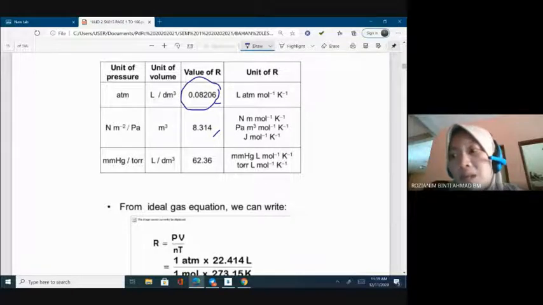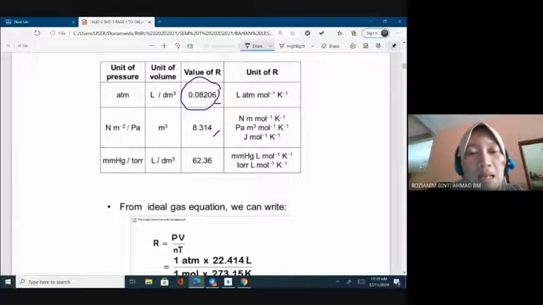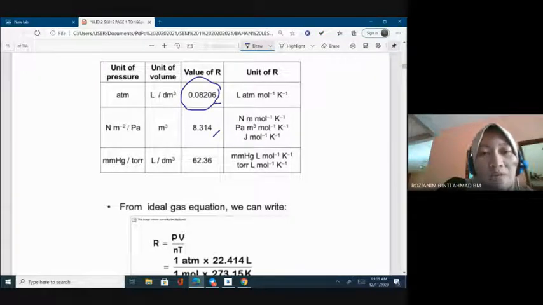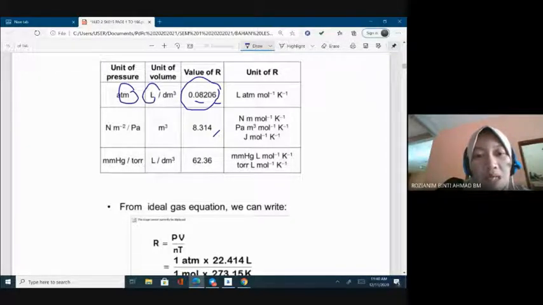0.08206. This is the one we use for our calculations, because if we use this value, the pressure must be in atm and the volume must be in liter. This is why the unit of our constant is liter atm per mole per Kelvin.